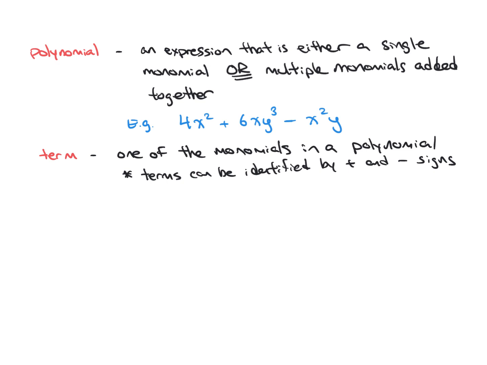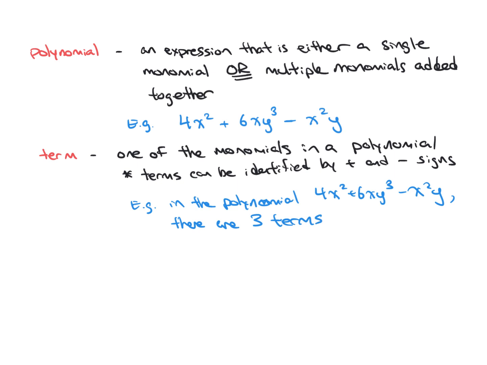Okay, so in the example above, so in the polynomial, I'll copy the same one down, 4x squared plus 6xy cubed minus x squared y. There are three terms.